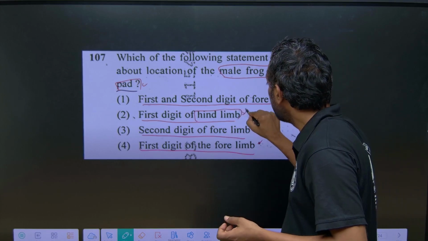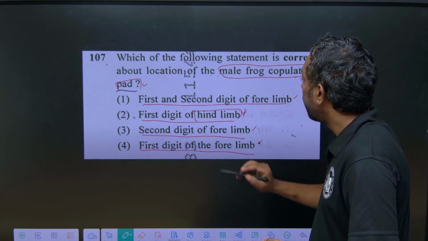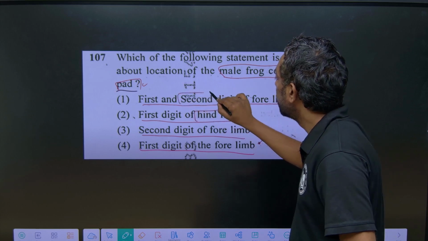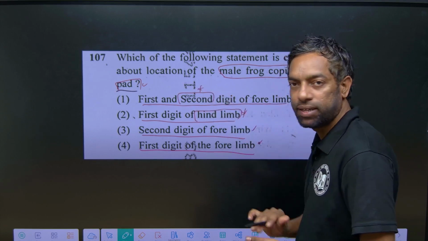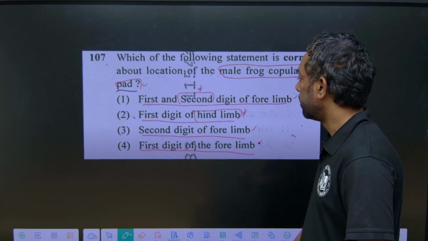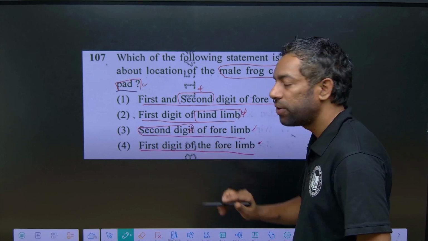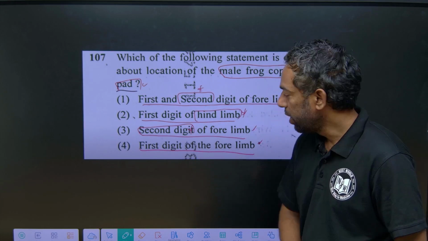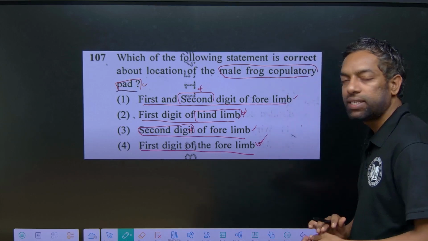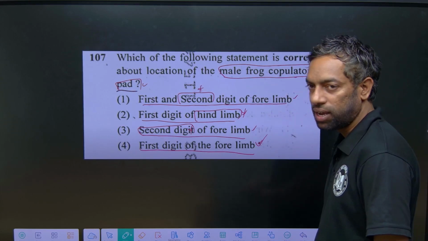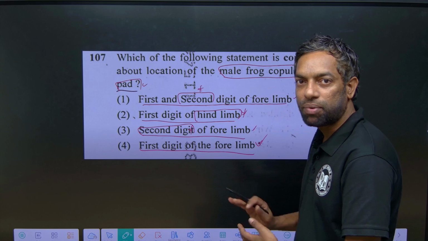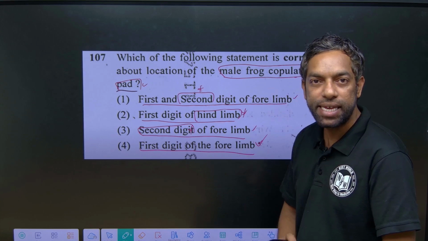So eliminate that directly, and the first and second digit option is also eliminated. The answer is the first digit of the forelimb, guys. By the elimination process, this question is easy.